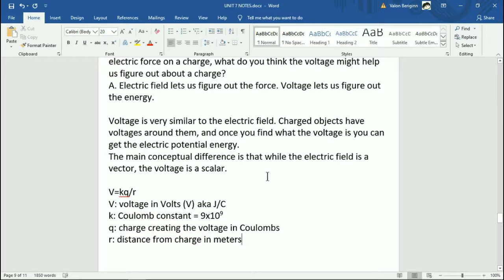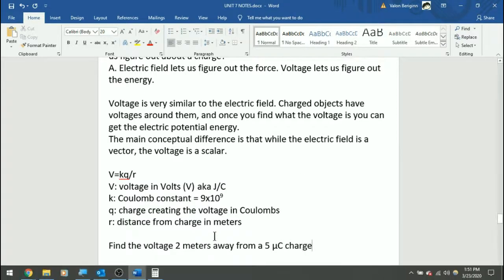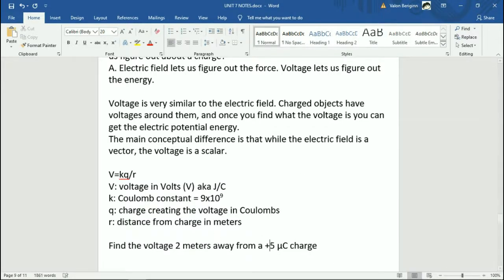So, let's do an example. Find the voltage 2 meters away from a plus 5 microcoulomb charge.